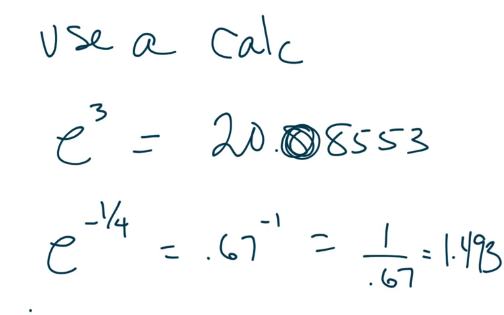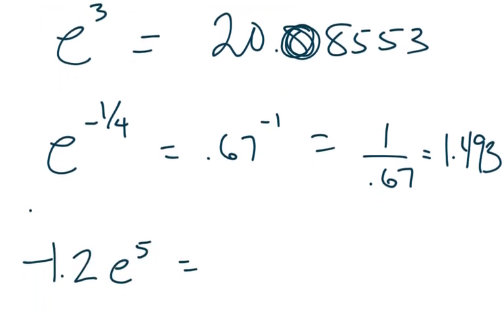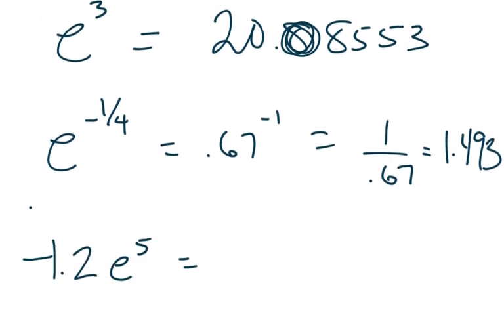If I actually put the negative in there with this, let's see if I get that same answer. e to the negative 1 divided by 4 power. Ooh, I got a different answer.